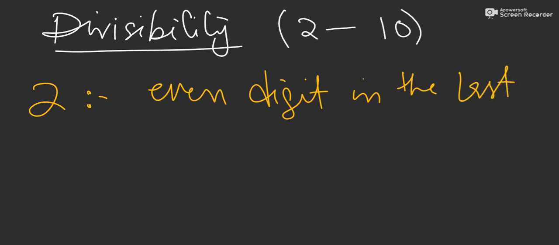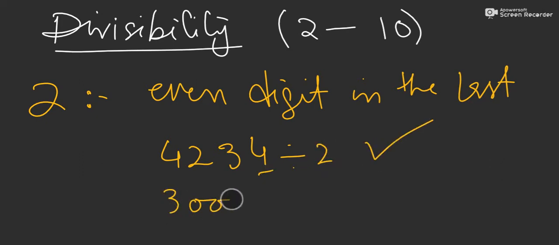If there is an even digit in the last, the whole number can be divided by 2. Let's suppose I am giving you some examples here. 34. Can this be divided by 2? Yes, because 4 is an even number. 30000446 8. This is a much bigger number, but now you can easily say yes because there is 8 in the last. 8 is an even digit, so it can be divided by 2.